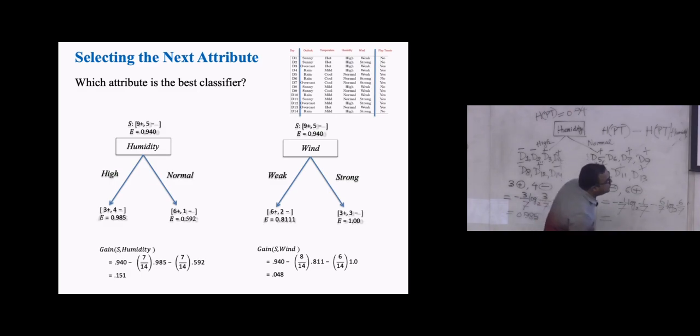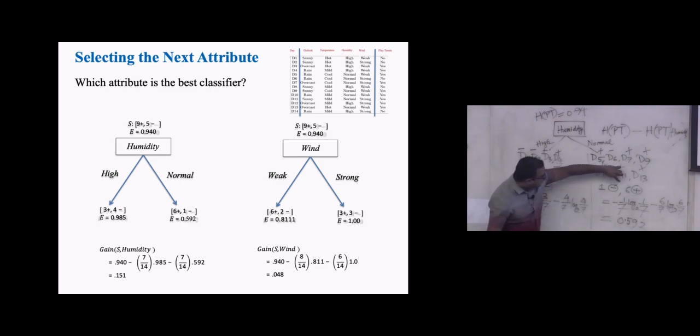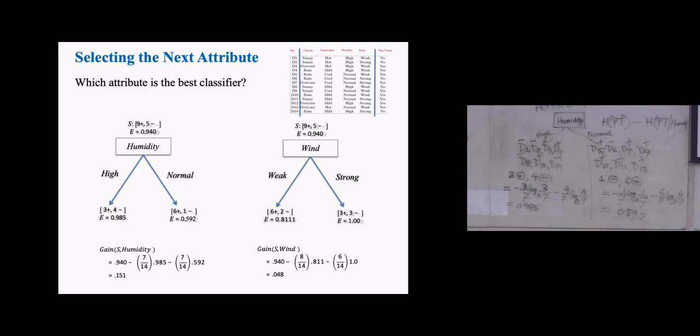And that value is something like 0.592. You see? There is less uncertainty, and you see the number going down. Right? So, but this is the uncertainty when humidity is normal. This is the uncertainty when humidity is high.